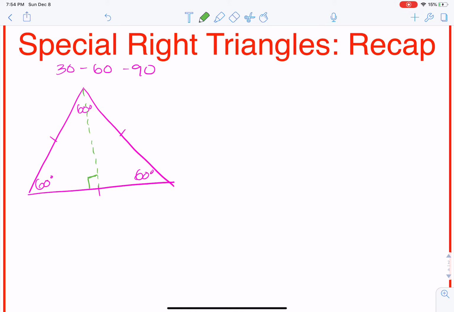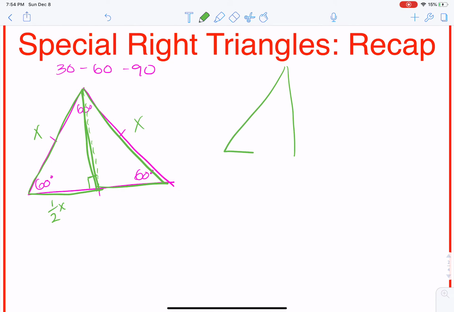And I could go ahead and prove that this triangle here and this triangle here are equivalent triangles. So if this side is x and this side is x and this side is x, then this side over here becomes 1/2 of x. So this is where my 30, 60, 90 triangle is coming from.